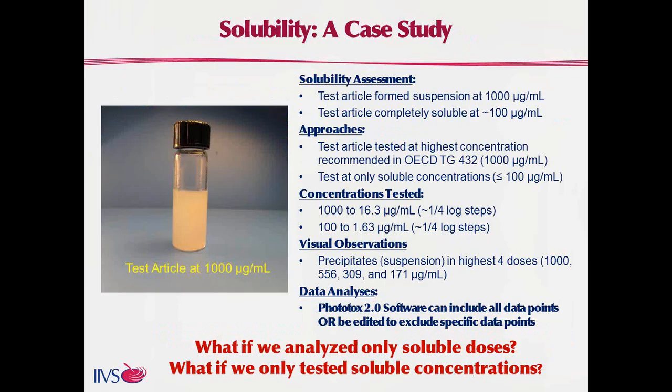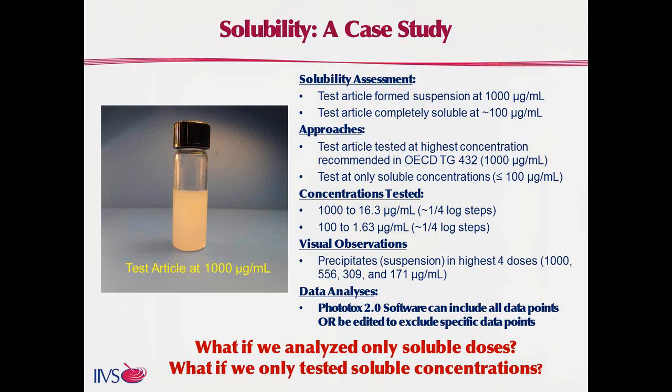Now I want to take a look at a hypothetical case study where we have a test article that is not completely soluble. We learned this in our solubility assessment that we have a suspension at 1,000 micrograms per mil, and we decided to test to see what concentration we could get complete solubility, which was about 100 micrograms per mil. Now we could take two different approaches here.